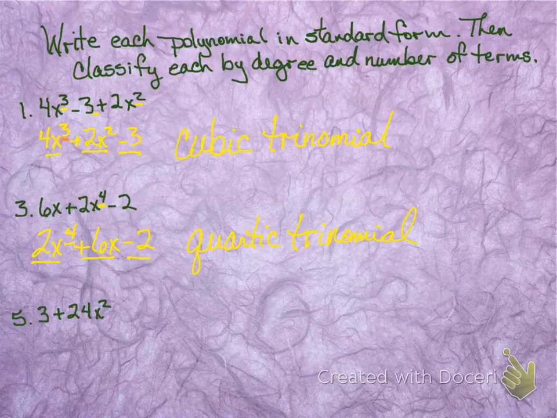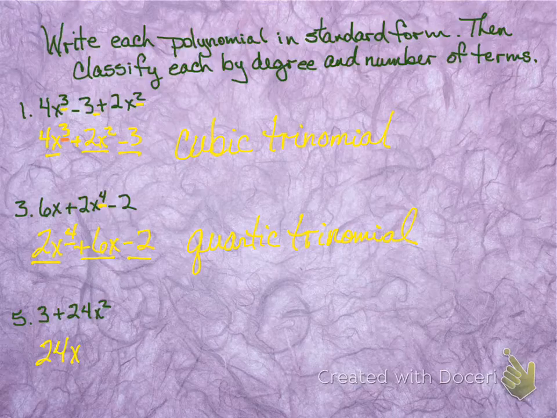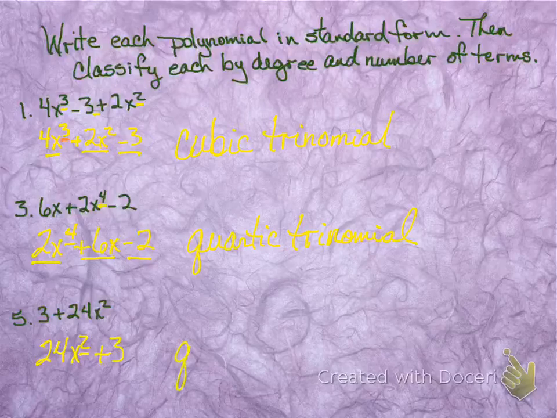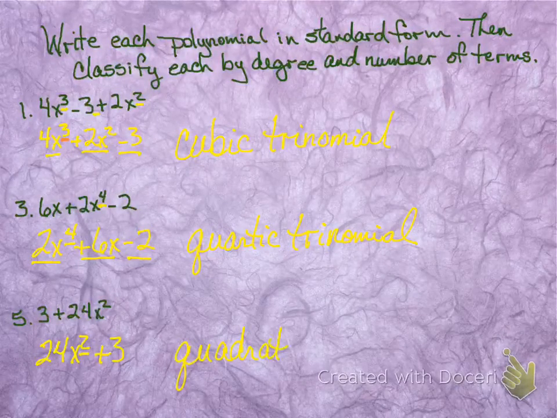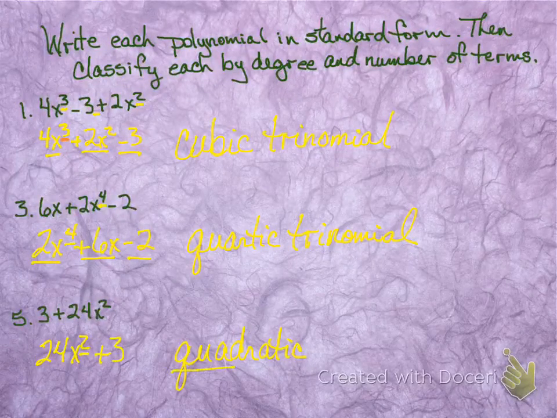Okay, and then number 5. Put this in order. We have 24x squared plus 3. Squared tells us this is a quadratic. Yes, I understand the quad makes you think of 4, but don't think of it that way.